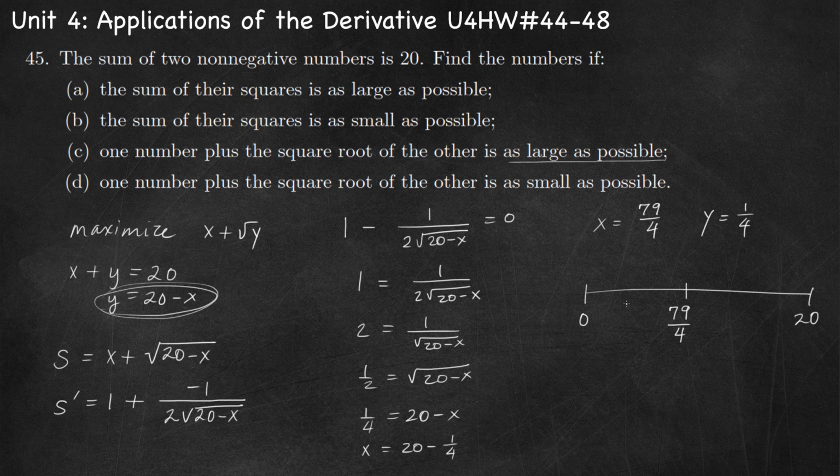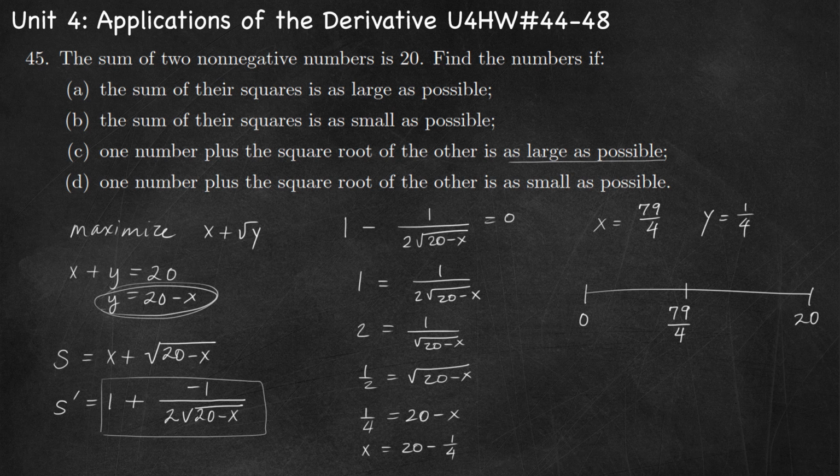When x is 1, let's go back to our derivative equation. We can use this equation right here. If x is 1, we get 1 minus 1 over 2 times the square root of 19.